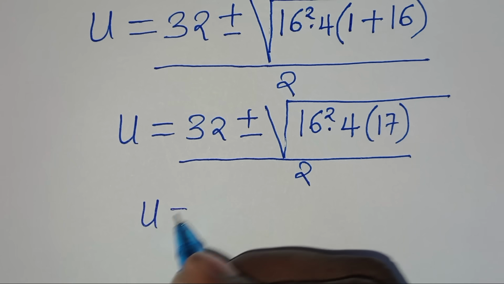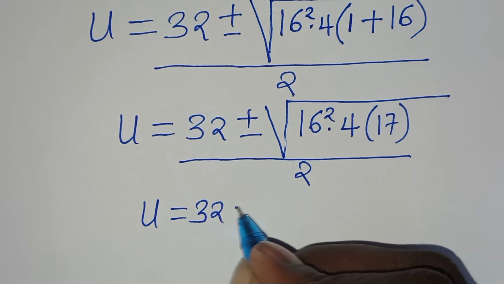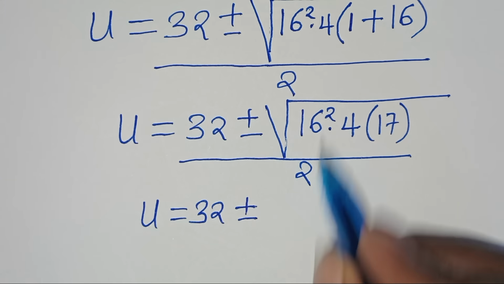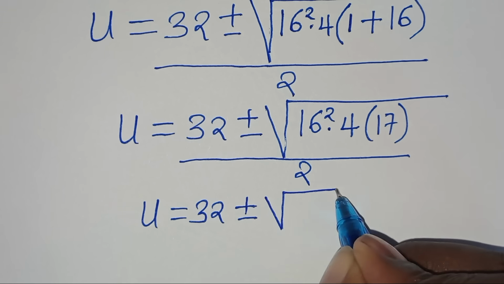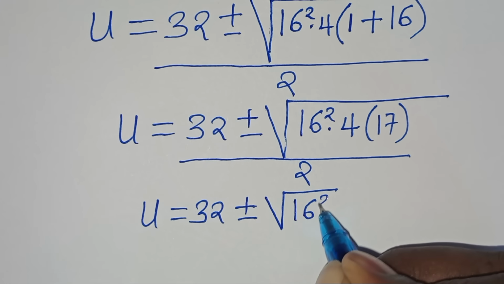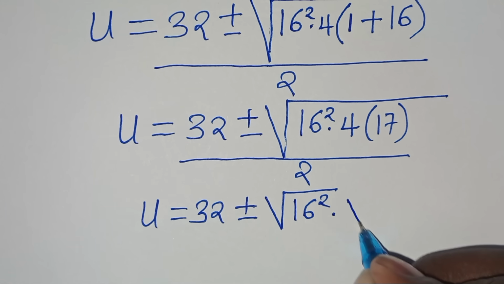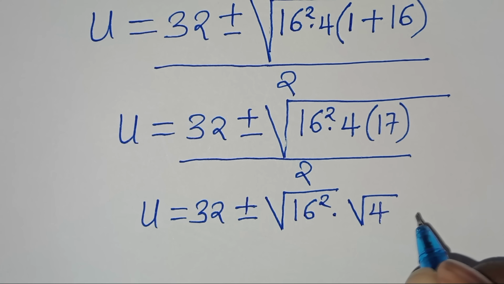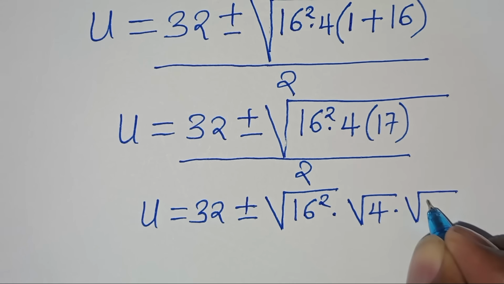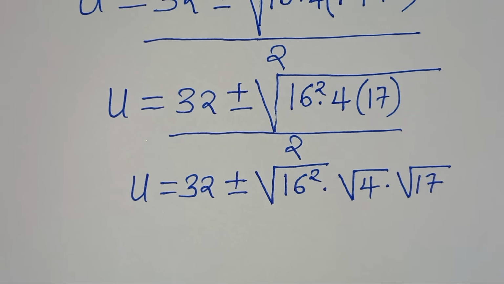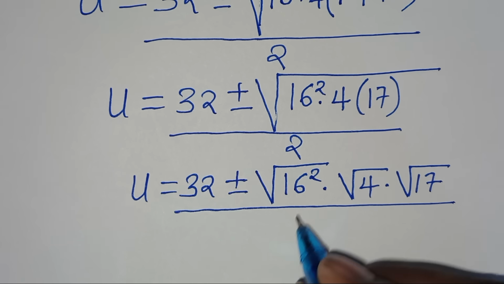So u is equal to 32 plus or minus, we can express this as the square root of 16 to the power of 2 multiplied by square root of 4 multiplied by square root of 17, then everything here divided by 2.